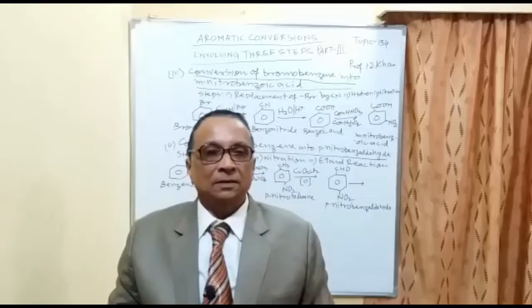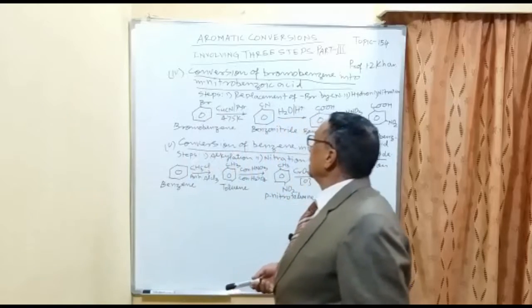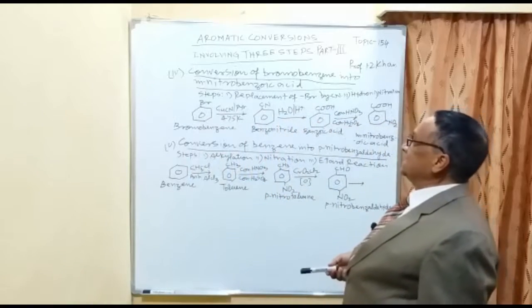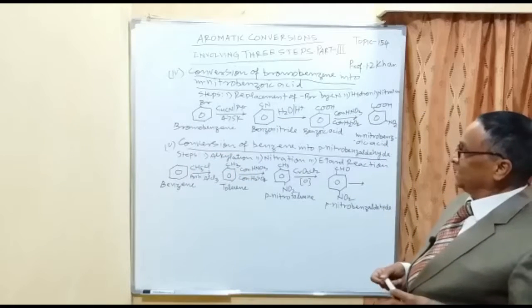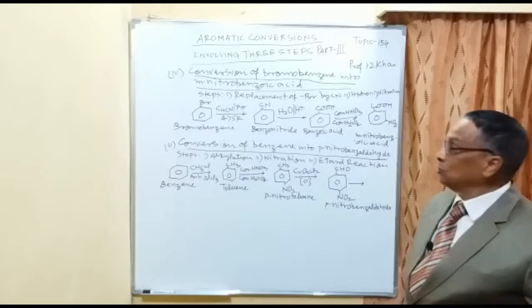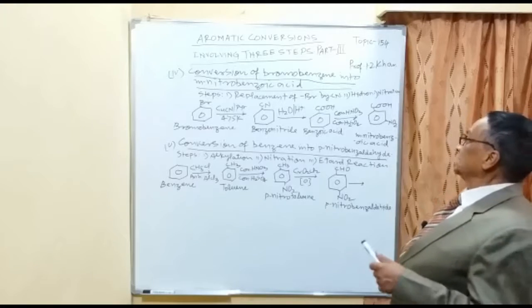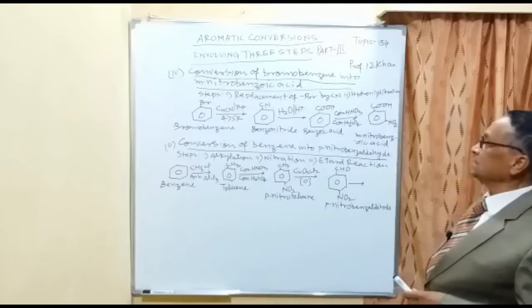So here, number 4 is the conversion of bromobenzene into m-nitrobenzoic acid. It involves 3 steps. In the first step, there is replacement of bromine by the CN group, then the second step is hydrolysis, and the third step is nitration.